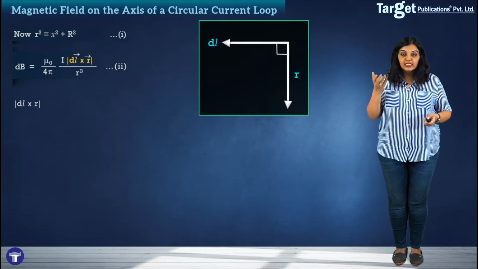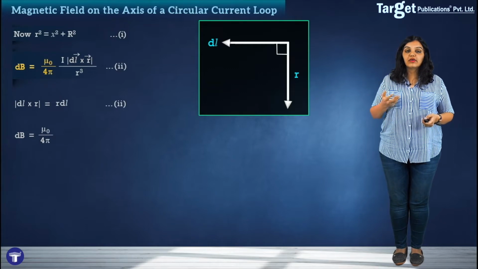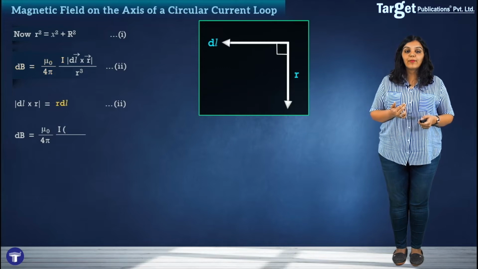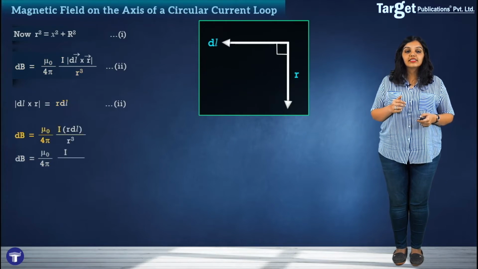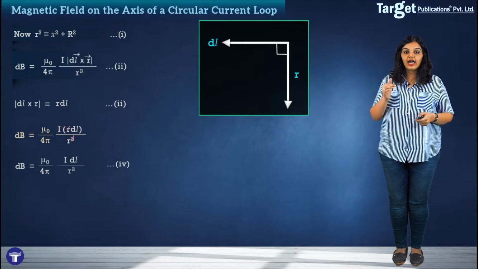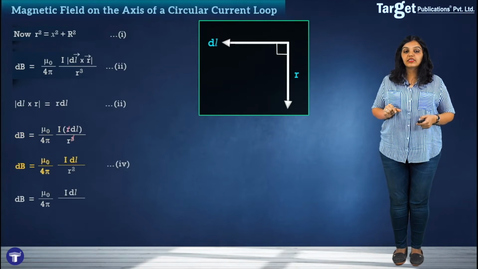So you see this theta is 90, so sine 90 is 1, and therefore dl cross r just becomes r dl, and so our expression becomes dB equals mu naught upon 4 pi I r dl upon r cube. r cancels, and therefore I get that dB is equal to mu naught upon 4 pi I dl upon r square. This is the magnetic field induction at point P due to the small current element dl.